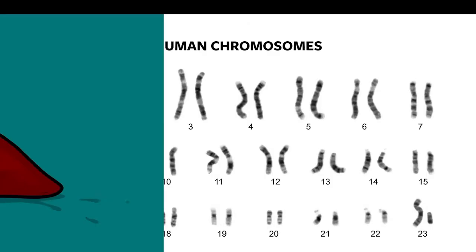Like cells are not supposed to just divide and divide and divide. Otherwise, you would just end up with a big mass of cells. And if that happens, can you guys guess what it is? If cells divide really quickly, and you end up with a big mass of cells that aren't really doing anything other than dividing, does anyone know what that might be called?